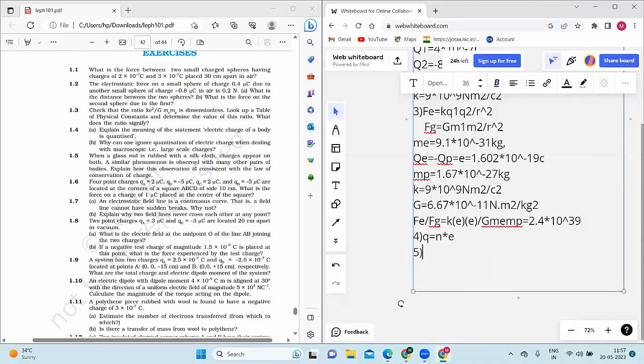Next question. When a glass rod is rubbed with a silk cloth, charge appears on both. A similar phenomenon is observed with many other pairs of bodies. Explain how this observation is consistent with the law of conservation of charge.